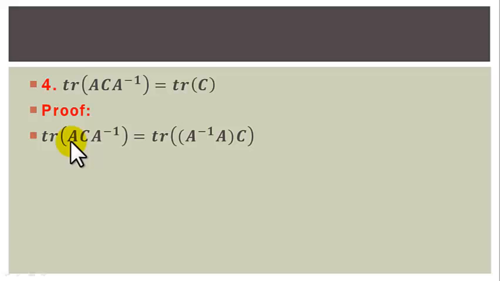That's the trace of A C A inverse is equal to the trace of, you bring the A inverse backward, that will become A inverse A, then times C. But A inverse times A is equal to I. So this is equal to the trace of I C. I times C is equal to C. And this will give us the trace of C.